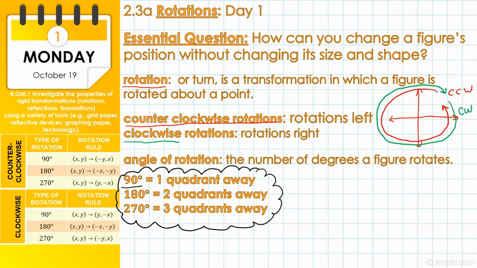The rule, and this is important as well, and this needs to be copied into your notes. The rules for clockwise rotations and counterclockwise rotations.